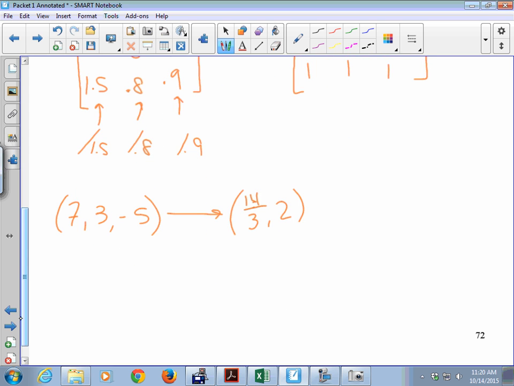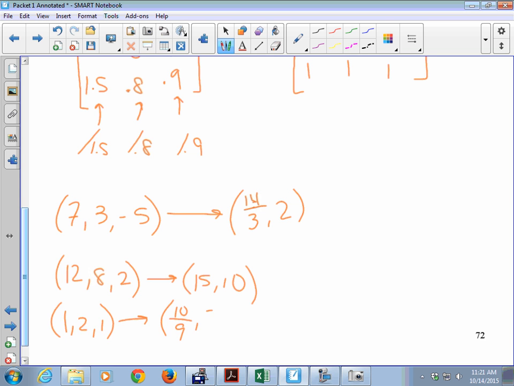And then I had 2 other points. I had the center of the screen, because I'm on the z-axis. And then my last point was 1, 2, 1, and it went to 10 ninths, 20 ninths in the xy plane.